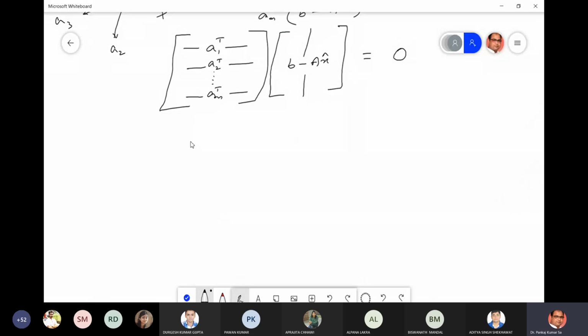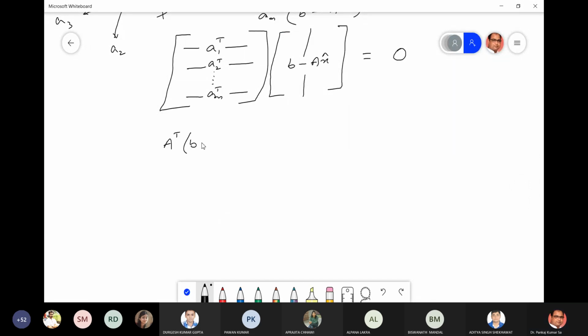Or so to say, A transpose A X cap is equal to A transpose B. Now, if you calculate the errors and all those, this would result in the same thing we have seen earlier, and you will get the same normal equations.